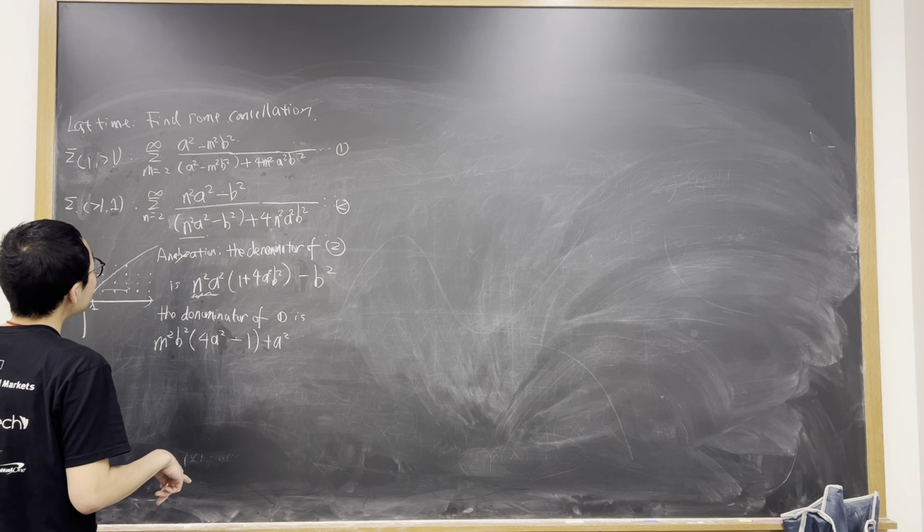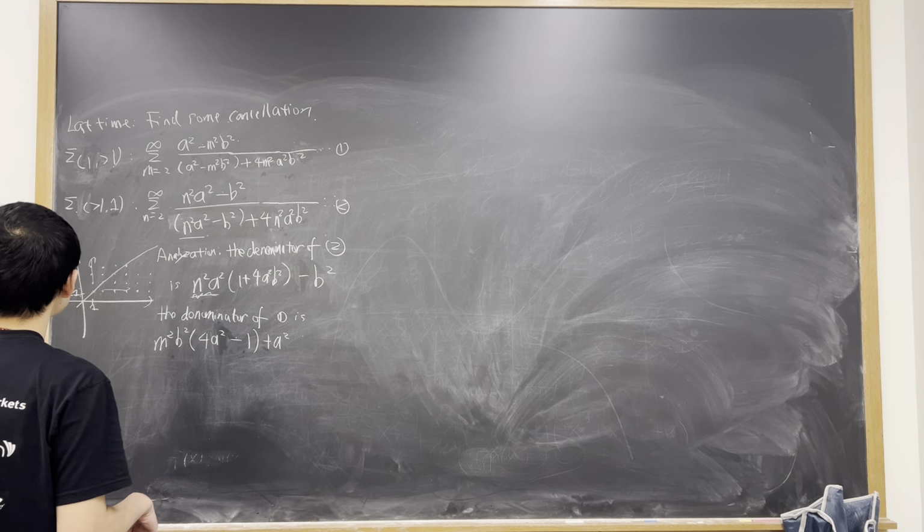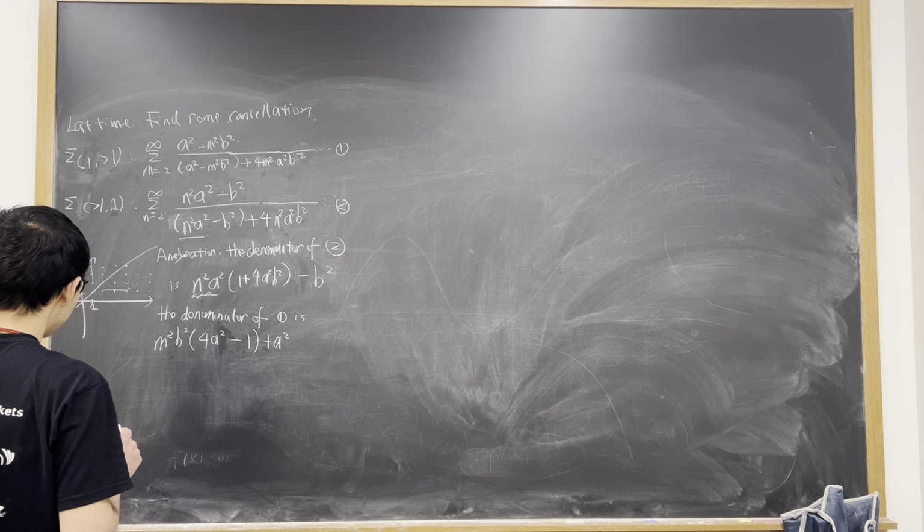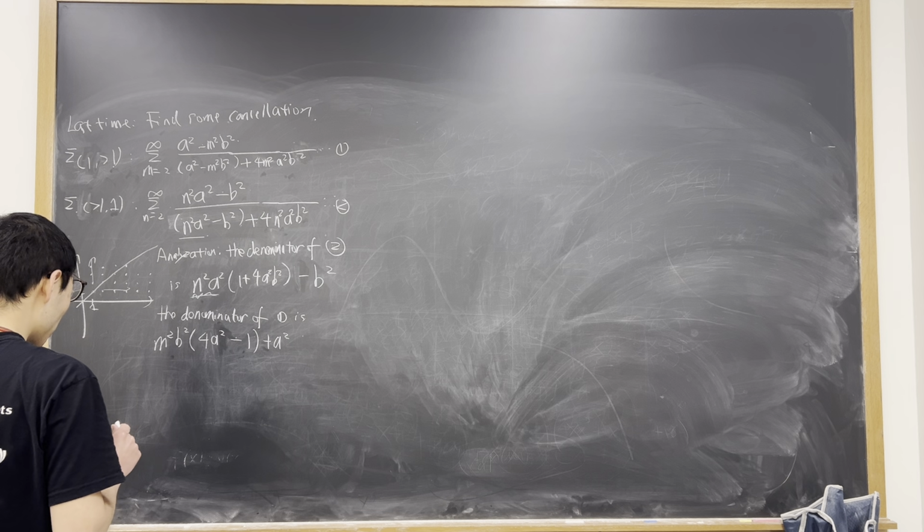So what is this AB, by the way? I forgot what this AB is. These ABs are exactly the modulus of omega 1 and the modulus of omega 2, right?